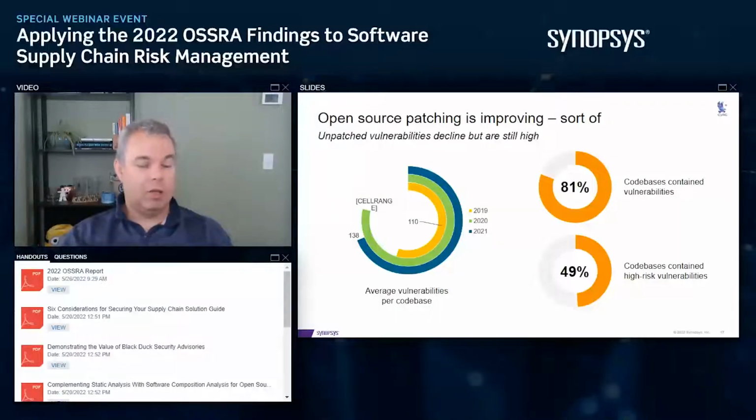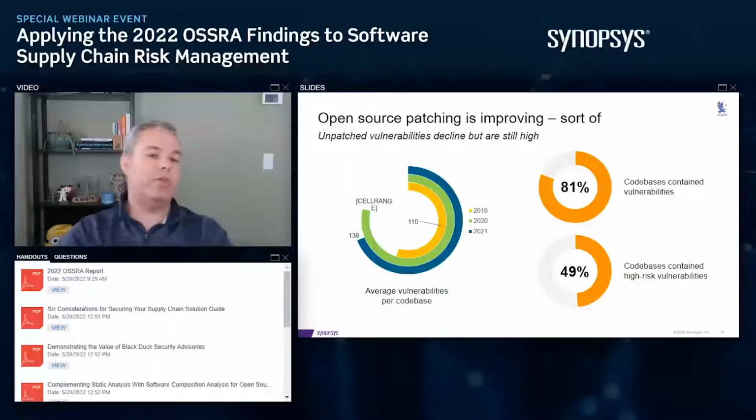We're getting better because lower numbers are better, but that still presents a core challenge in that anything in the hundreds for unpatched vulnerabilities is still far and away too high. If you look at everything associated with President Biden's executive order, everything associated with patch philosophy, if you're not keeping up to date with these things, then that presents a risk to downstream consumption, a risk to operations.